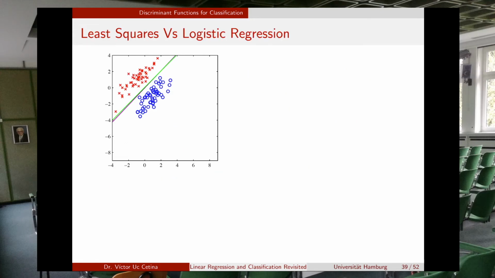Now, in this plot, we are seeing the difference in the performance of a classifier using least squares and another classifier using logistic regression. If you remember, we said that to go from linear regression to classification, we needed to add a nonlinear function, which was the sigmoid function, and we created the logistic regression algorithm.